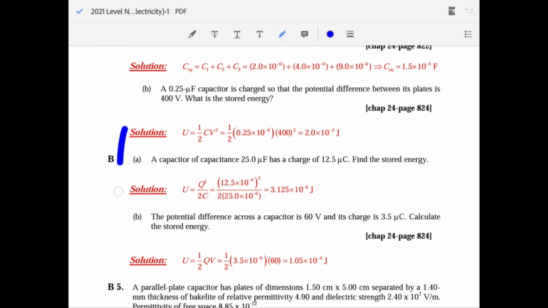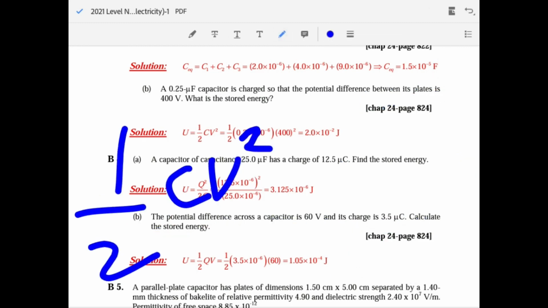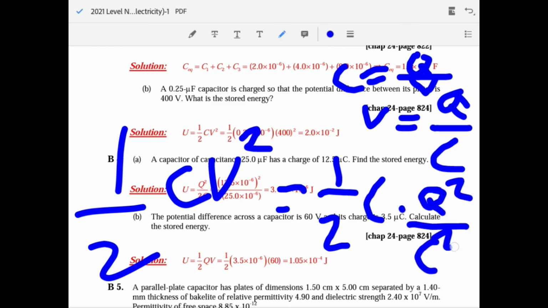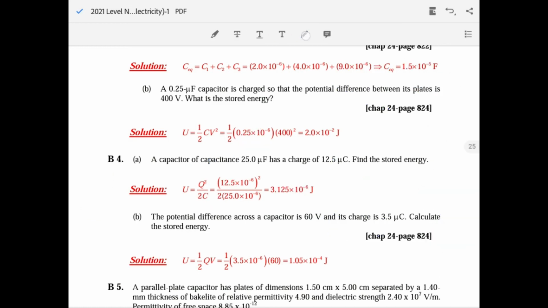Or you can do half CV squared, where V is Q over C, so it equals half C times Q squared over C squared, and C goes away, so half Q squared over C. So just memorize one of them, or you can understand the derivation from the internet.